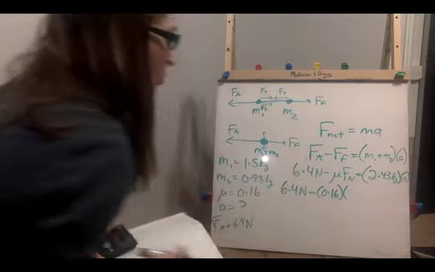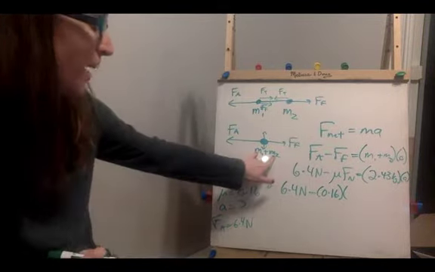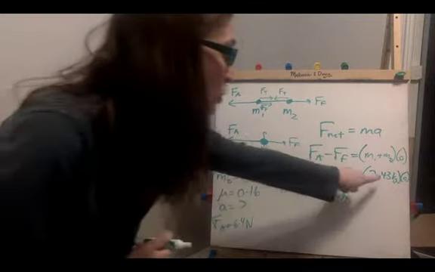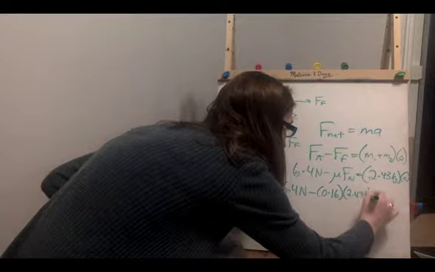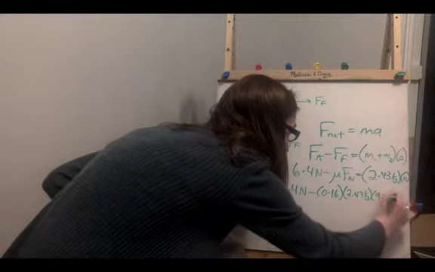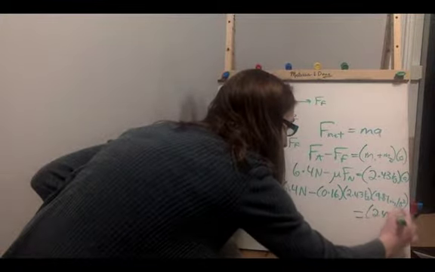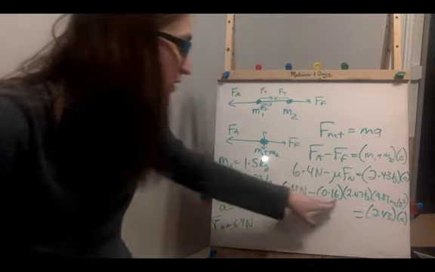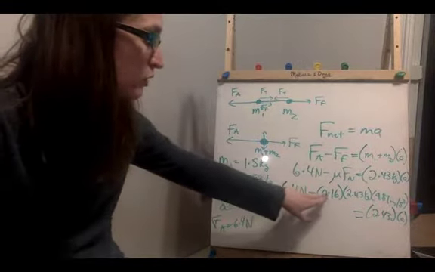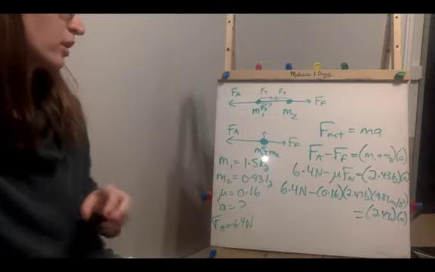And our normal force will be equal to our force of gravity, which would be the sum of the masses, which was the 2.43, multiplied by our 9.81 meters per second squared, right, gravity, and all of that is equal to our 2.43 times acceleration. Okay, so we can do all this, 6.4 newtons minus the 0.16 times 2.43 times 9.81, right?